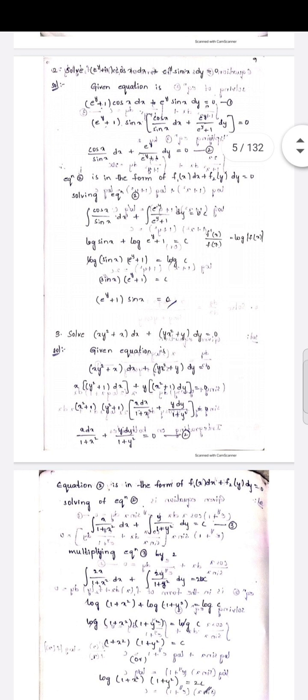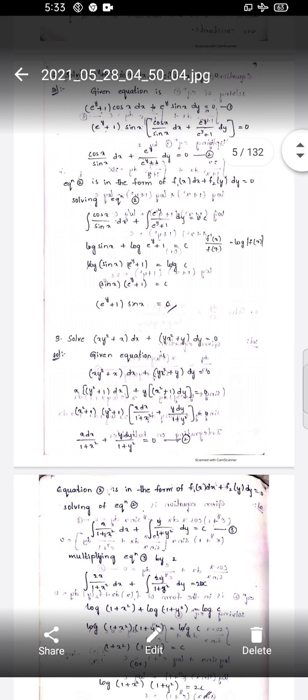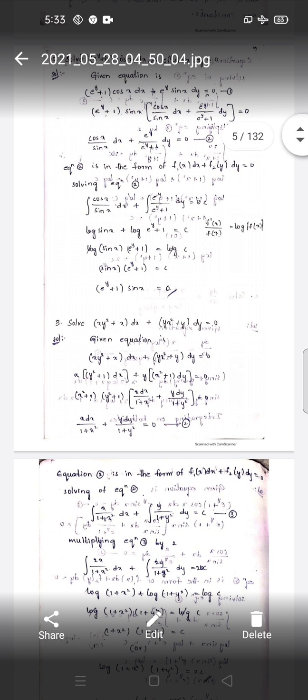Fourth condition, applying the integration on both sides, and simplification. The fifth condition is hence the required solution. This is also separation of variable. So apply the five working rules to the equations and solve for the values.